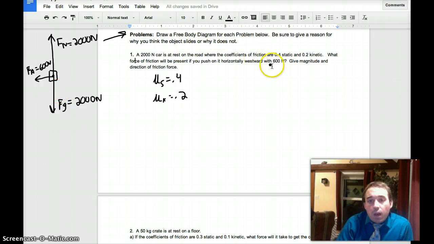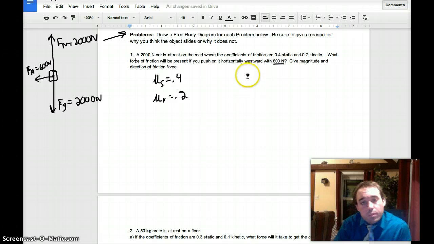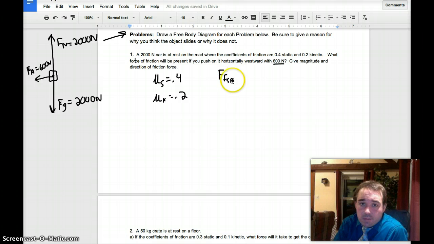So the first thing I have to check is, is this enough to break my static friction force? So I've got to calculate my FFS maximum. My FFS maximum is the static friction coefficient times the normal force.